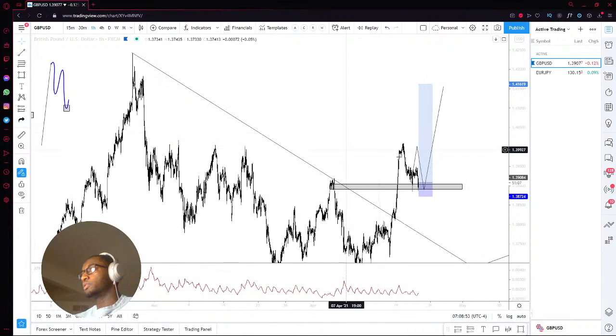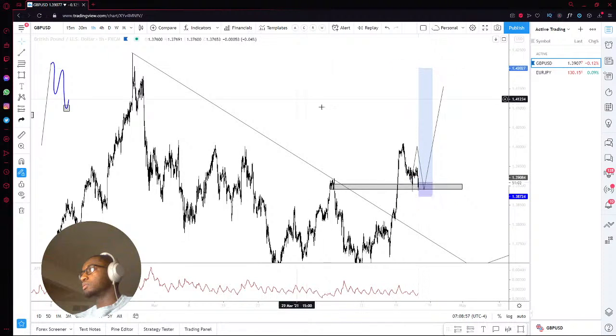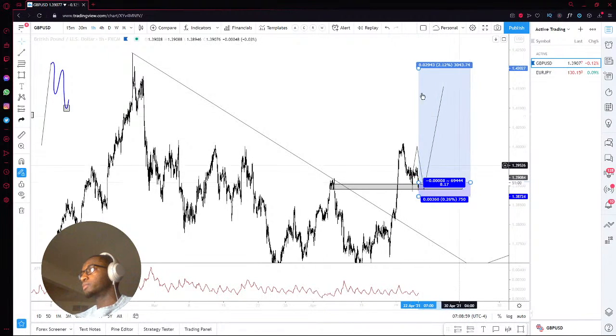Still struggling to break this area, but it's likely to break, at least right now. It's also a nice 8-1. It's actually a really good opportunity.